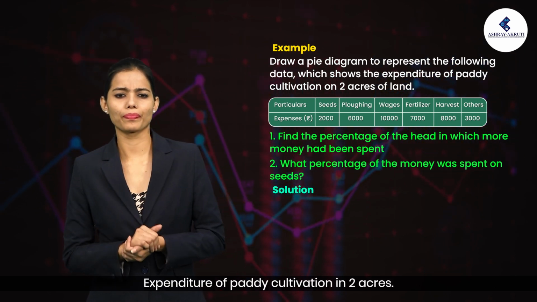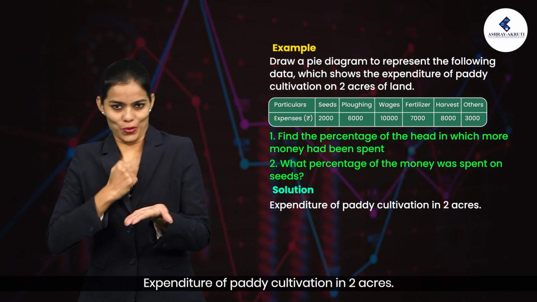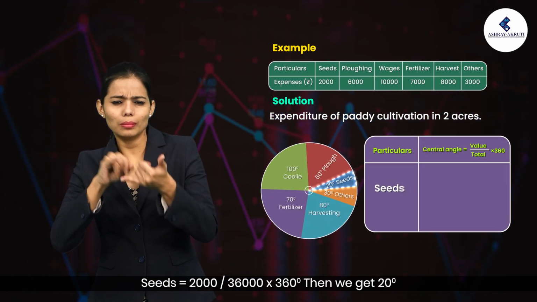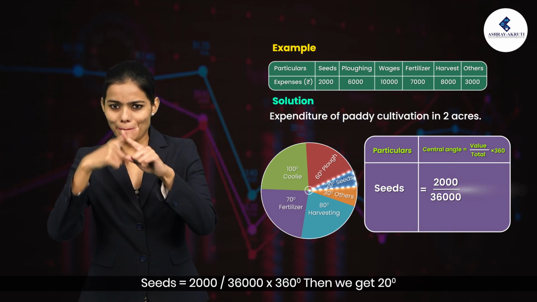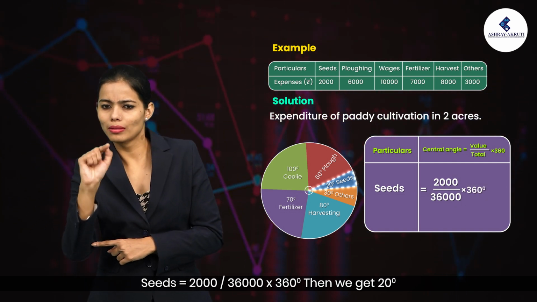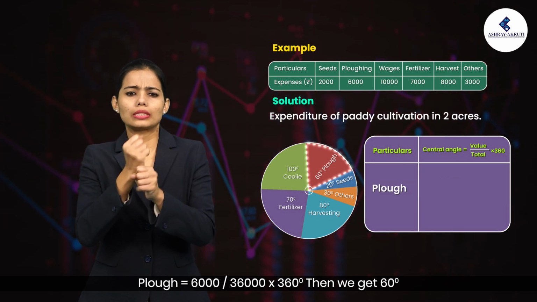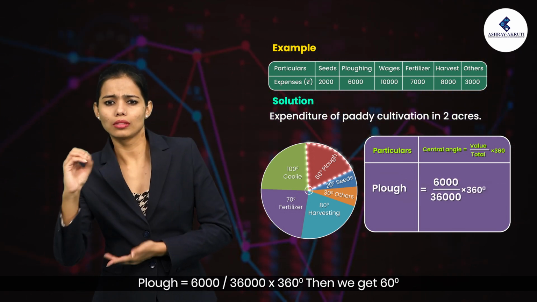Solution. Expenditure of paddy cultivation in 2 acres. Seeds is equal to 2000 by 36,000 into 360 degrees. Then we get 20 degrees. Plow is equal to 6,000 by 36,000 into 360 degrees.